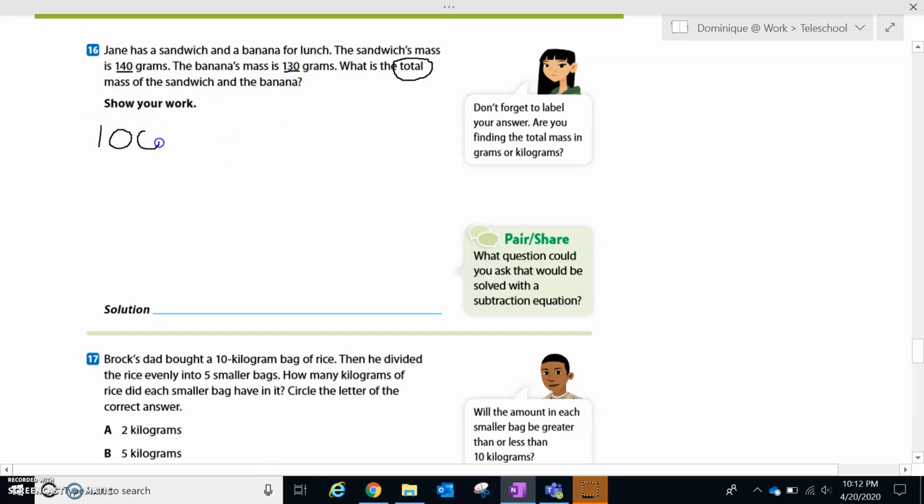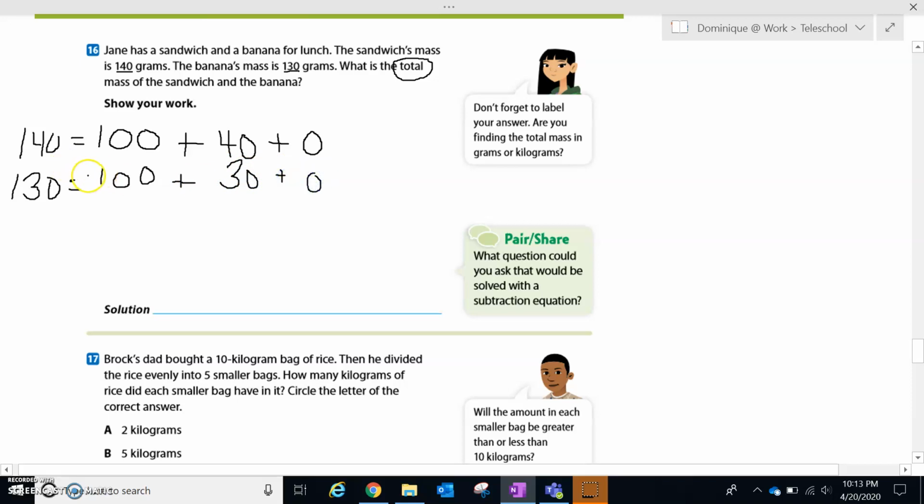So I'm going to do 100. So this 140 equals 100 plus 40 plus 0. And then 130 is, in expanded form, 100 plus 30 plus 0. And remember, we are adding all this up. Oops. This happens when you go too fast.